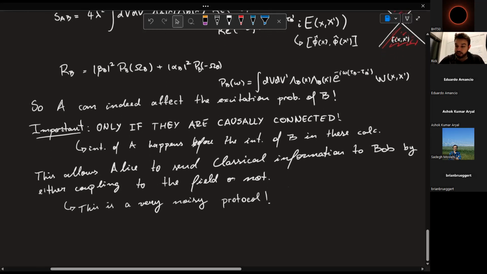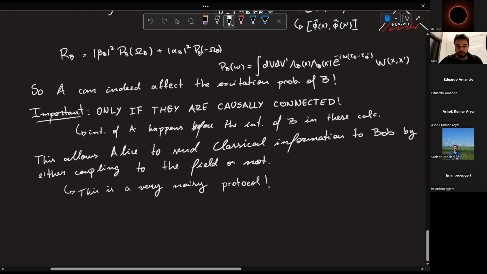And it's actually possible to compute the channel capacity, or the bit rate, in quotation marks, that Alice has if she decides to use this protocol to communicate with Bob.